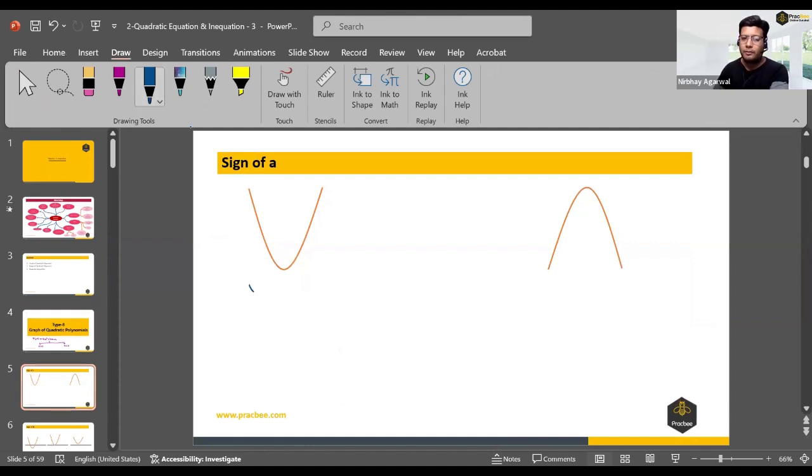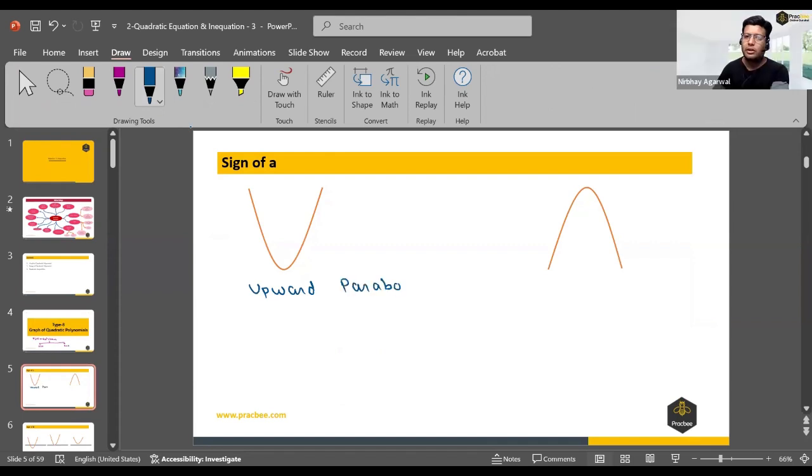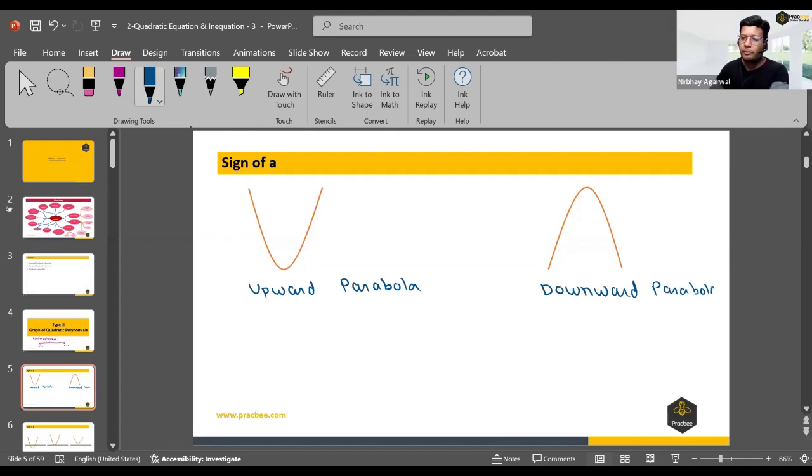So this is the graph of the quadratic polynomial. This is called an upward parabola and this is called a downward parabola. How will we figure out when we will be getting an upward parabola and a downward parabola?